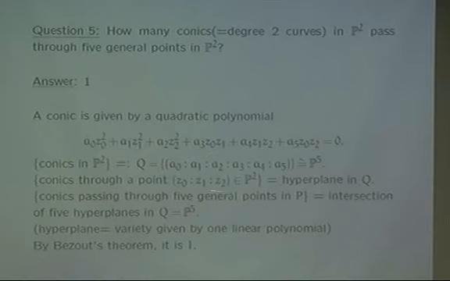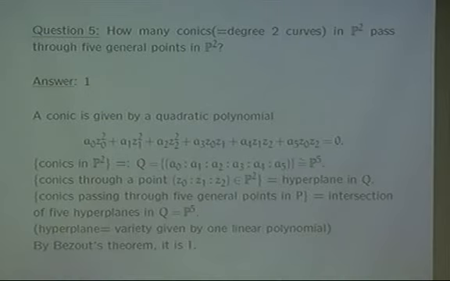The condition that the conic should pass through a given point gives us a hyperplane in P5. Now you have to think about five points, so you have to think about the intersection of five hyperplanes in P5, right? Each condition gives you a hyperplane, and you want these five conditions to be satisfied at the same time.